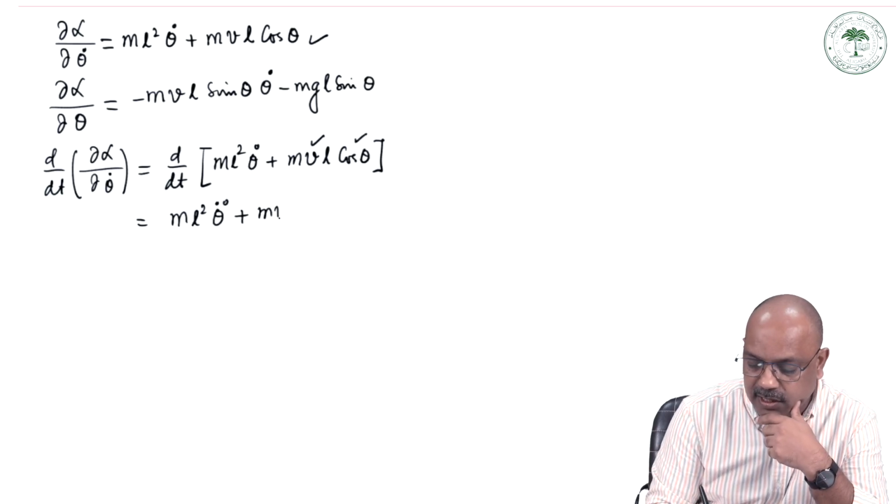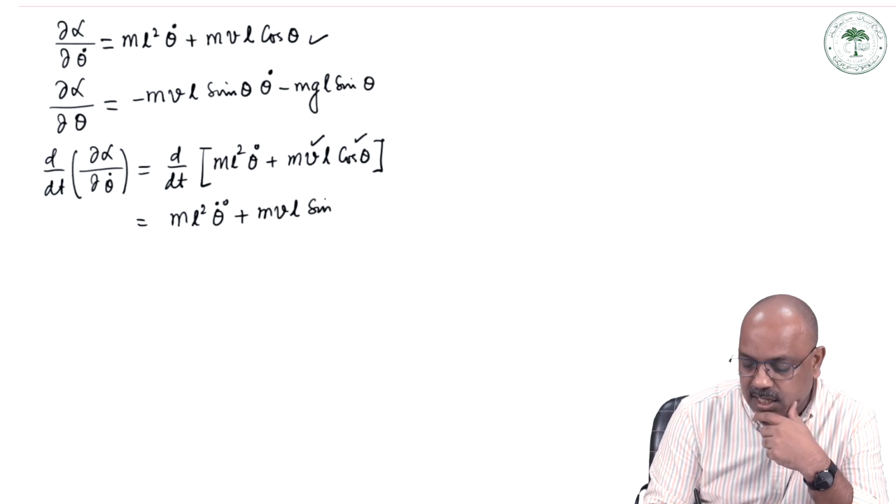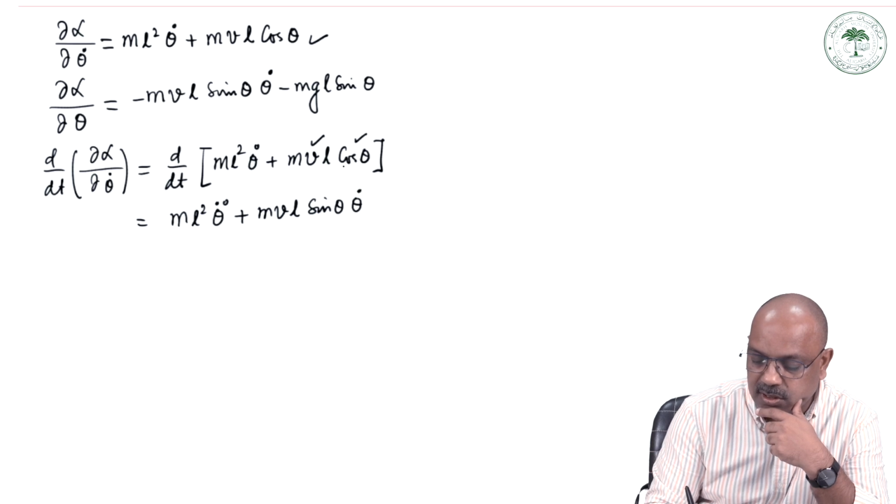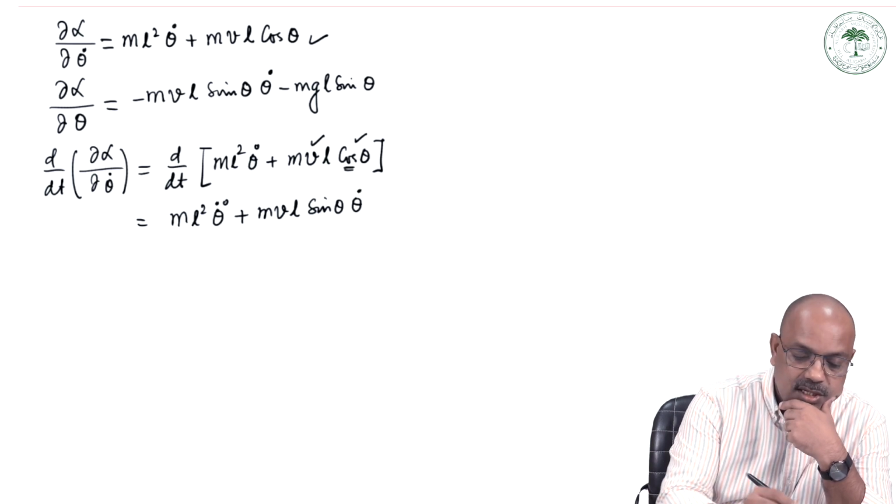So I am going to have mvl sin θ θ̇, and with the negative sign here, I'm going to get a negative sign.